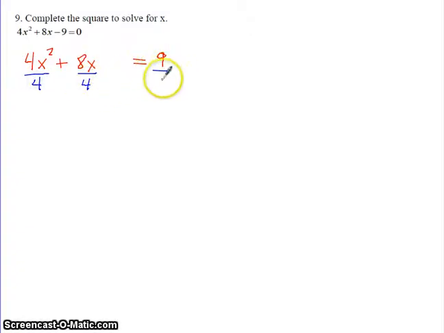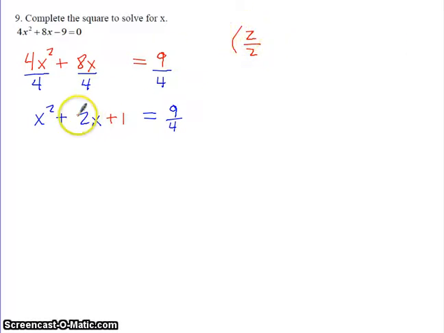We're going to get rid of the 4, and so we have this here. And we have to complete the square, which means we take half of the value right next to the x and raise it to the power 2. So half of 2, take the 2 over 2, raise it to the power 2, and that's the value that you have to add on both sides in this case.